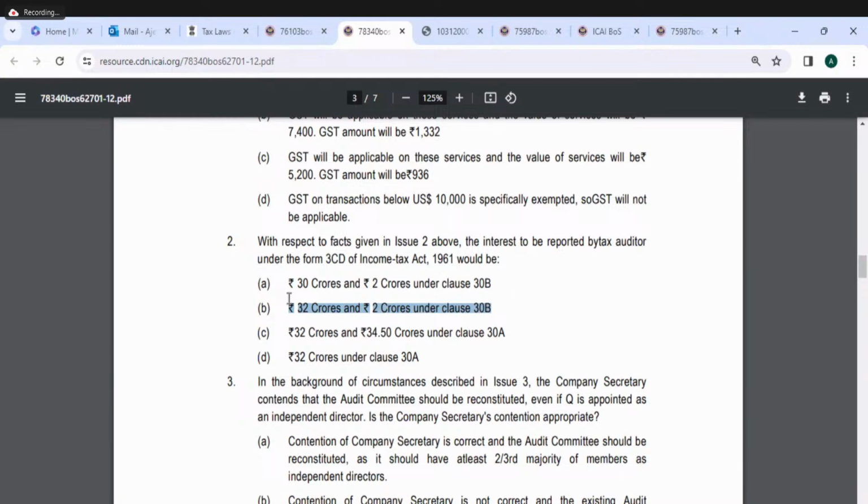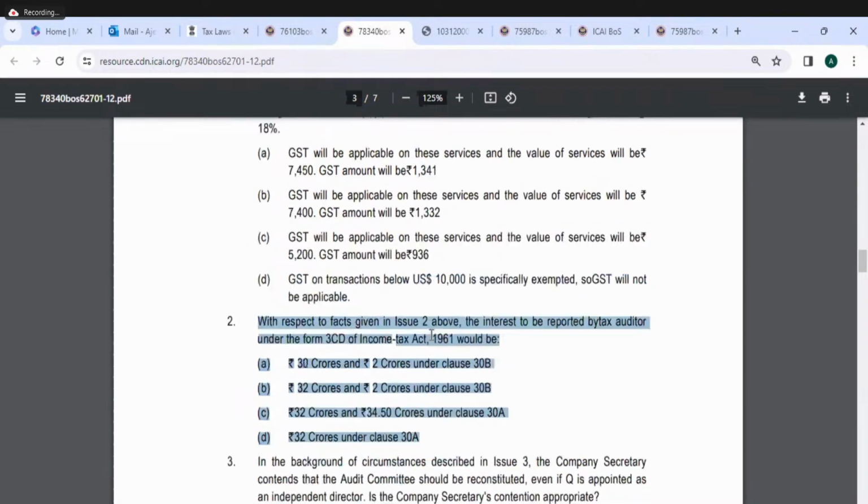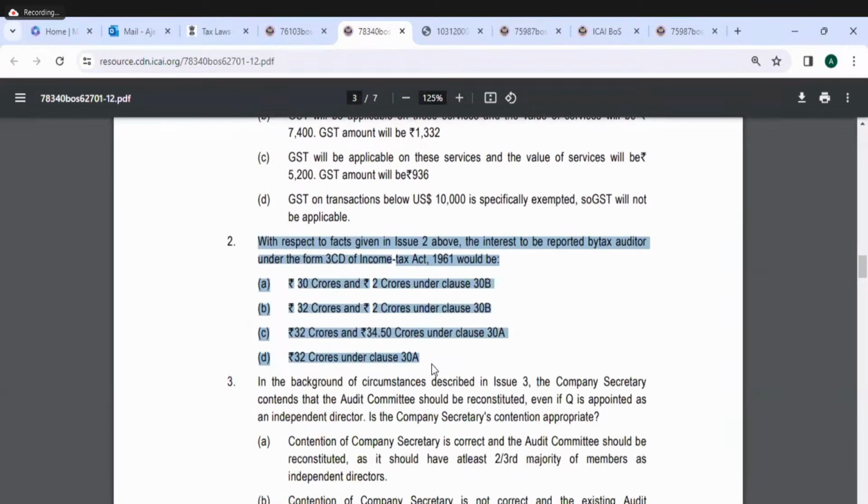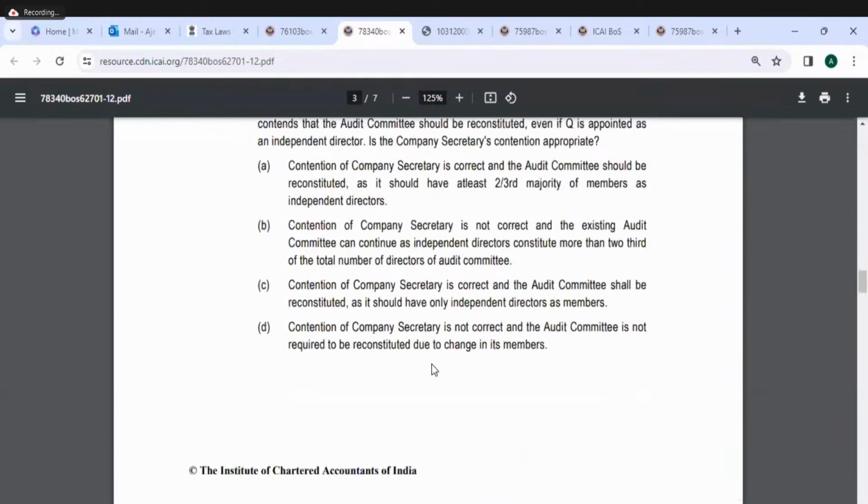So the MCQ which is related to your direct tax or international taxation portion, I have taken up. Now I hand over to Ms. Shraddha to take the MCQs or descriptive part which is in relation to law.